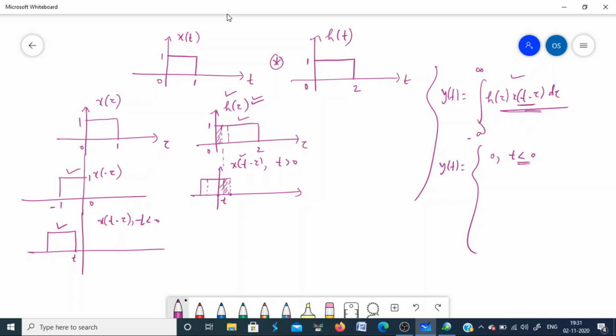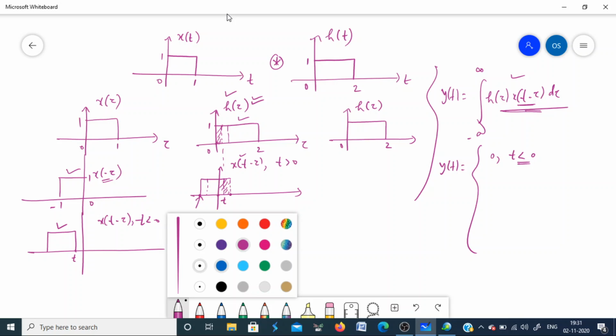Now this equation will remain the same until the left edge of x of minus tau reaches 0. At what point will that happen? Now see, you are taking h of tau as fixed. This is 0 to 2.